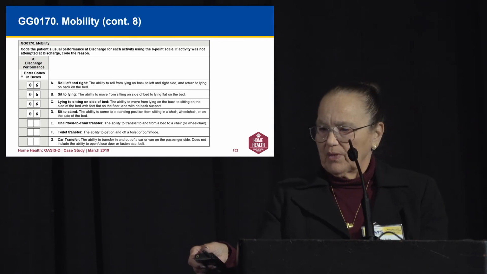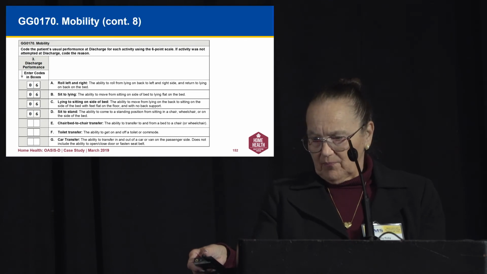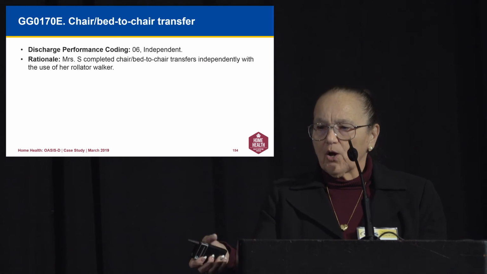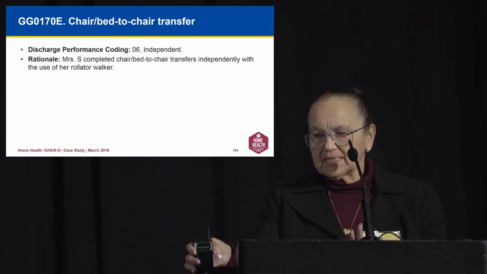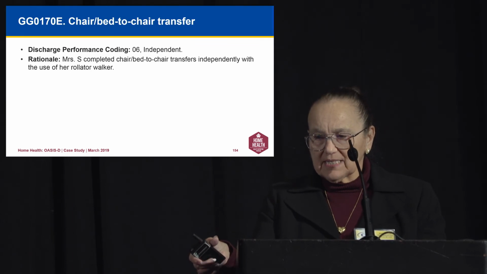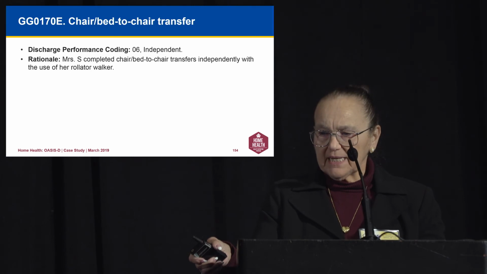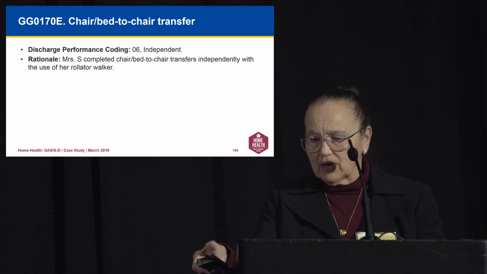There we go. We're now going to take a look at item E. Going from chair or bed to chair transfer. The discharge performance code here is again 06 independent. Mrs. S completed the chair bed to chair transfers independently, again with the use of her rollator walker.